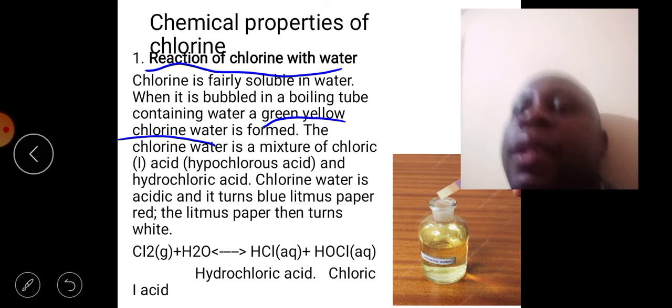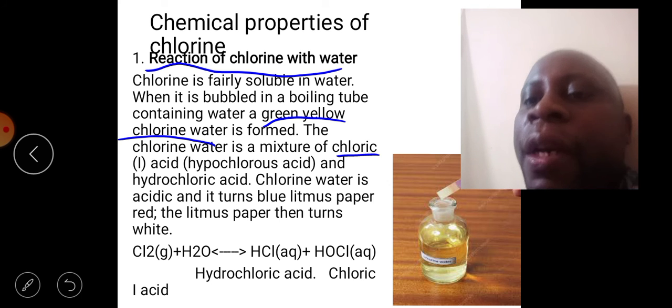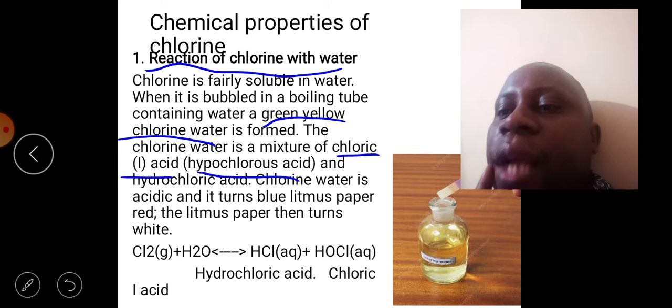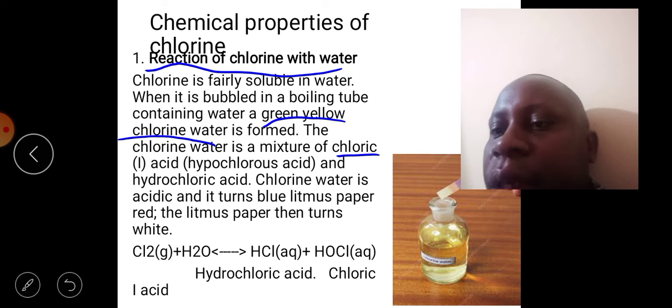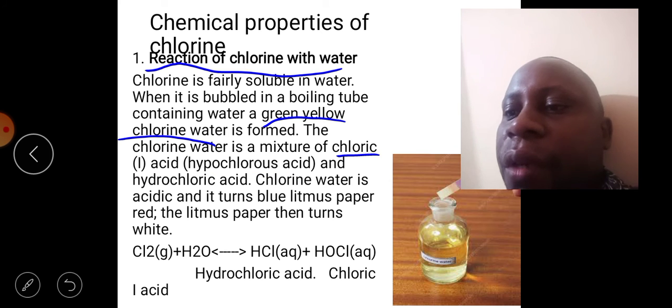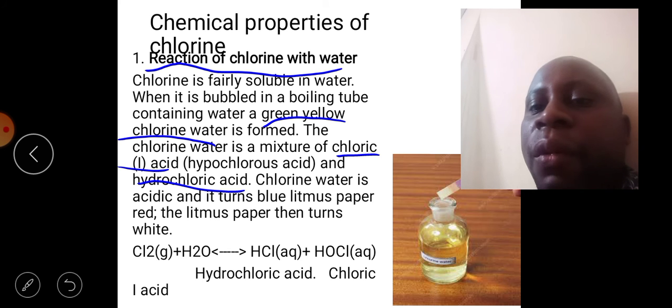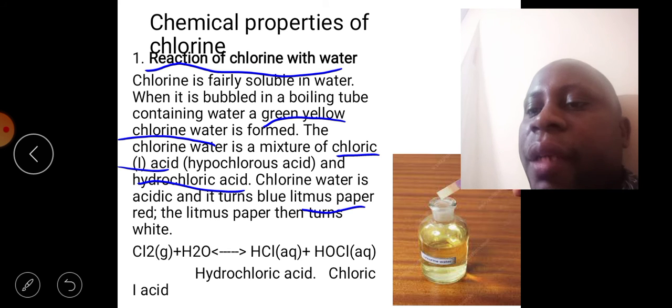The chlorine water is a mixture of chloric 1 acid, which is hypochlorous acid, and hydrochloric acid, as learnt in Form 2. So chlorine water is acidic, and it turns blue litmus paper red.